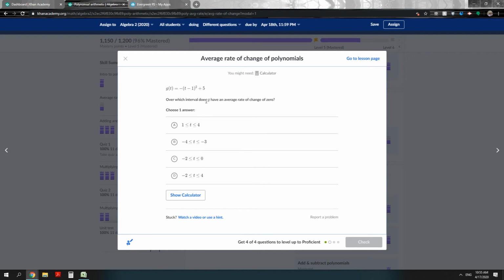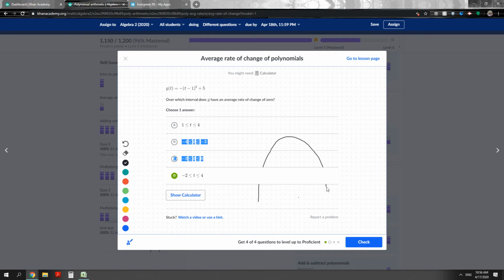Over which interval does g have an average rate of change of 0? So that means if we plug something in here, it should be the same number here and here. In essence, right, we have some kind of upside down parabola here. What's the point of having you here if you're not going to let me draw this?